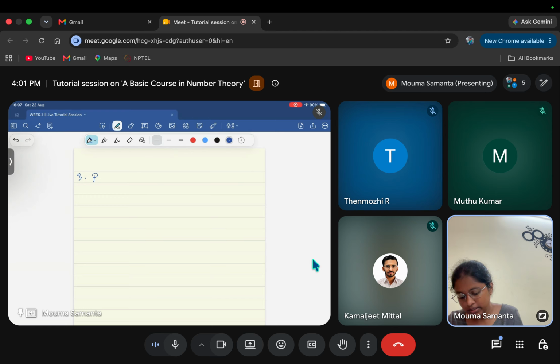The third question is: prove that an integer n greater than 1 is a prime if and only if n minus 2 factorial is congruent to 1 mod n.